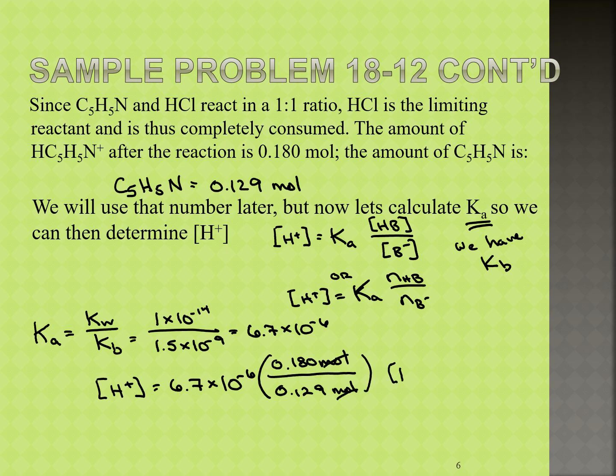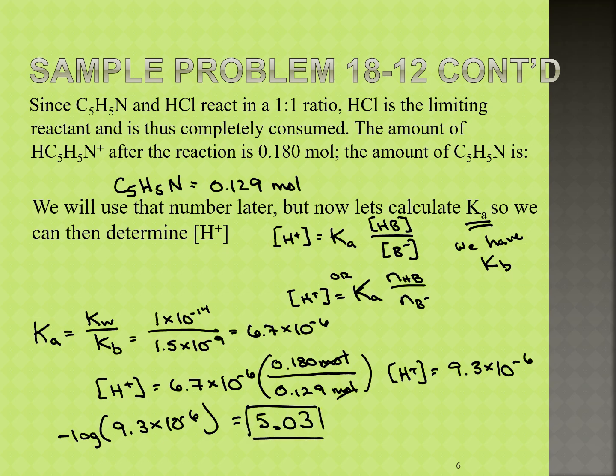And so our H+ concentration is going to equal 9.3 times 10 to the minus 6th. And hopefully by now we know how to calculate a pH by taking the negative log of that, and we're going to end up with 5.03 as our pH for that problem.